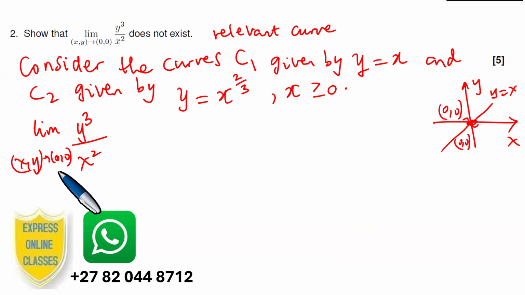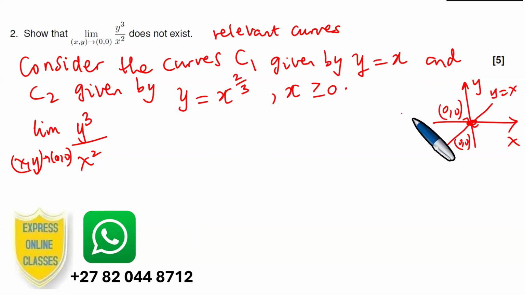We actually just need to choose relevant curves that we are going to substitute into this function. These curves must pass through 0 and 0. Any random curves, but now these curves are called relevant curves, like the line y equals x, which passes through 0 and 0.